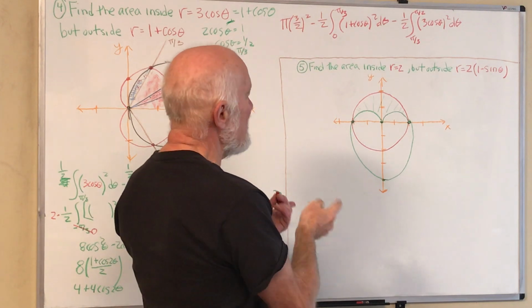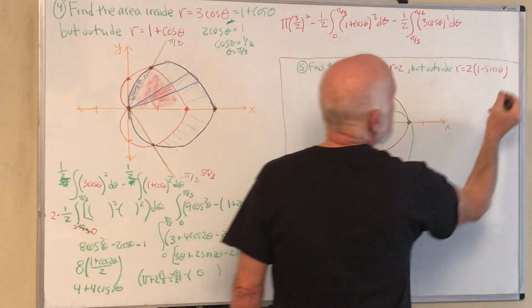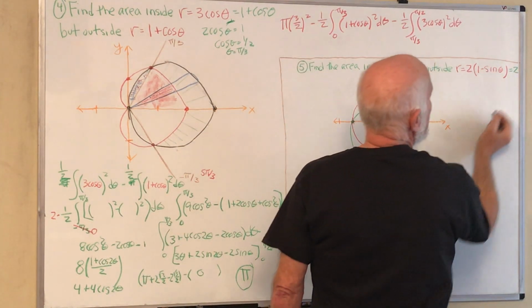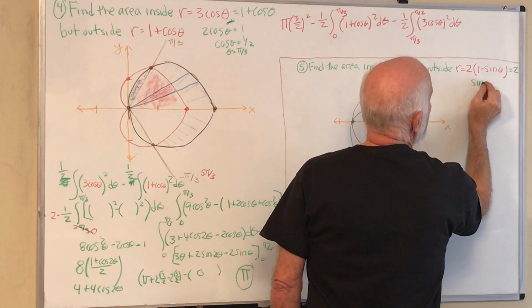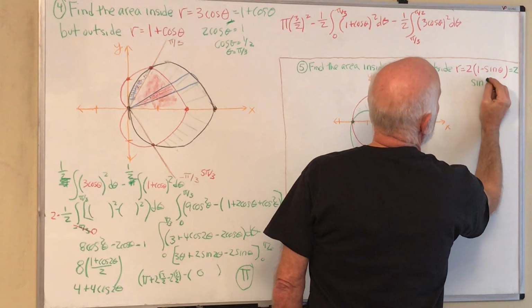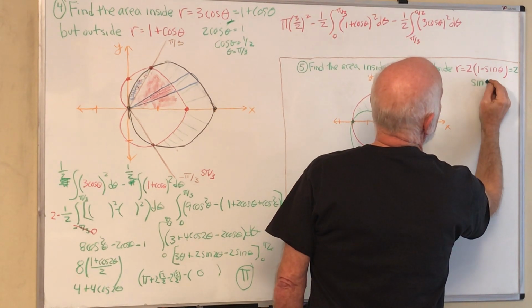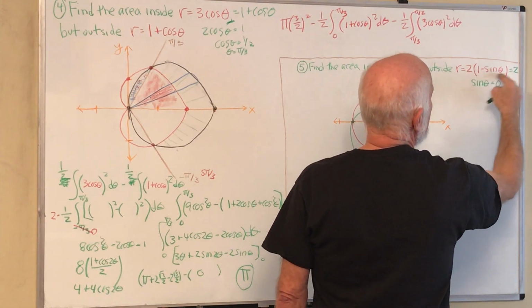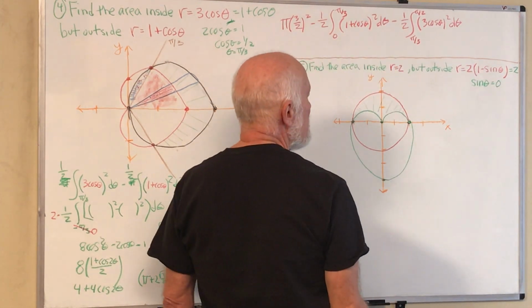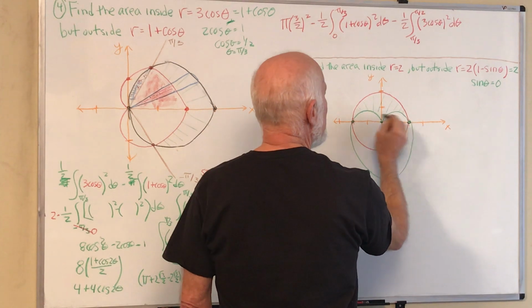Well, you can kind of see it from the graph, but if you were trying to see where they intersected, you'd see when the sine of theta equals 0. Because you get 1 minus the sine of theta equals 1, and that's going to be where? At 0 and at pi.